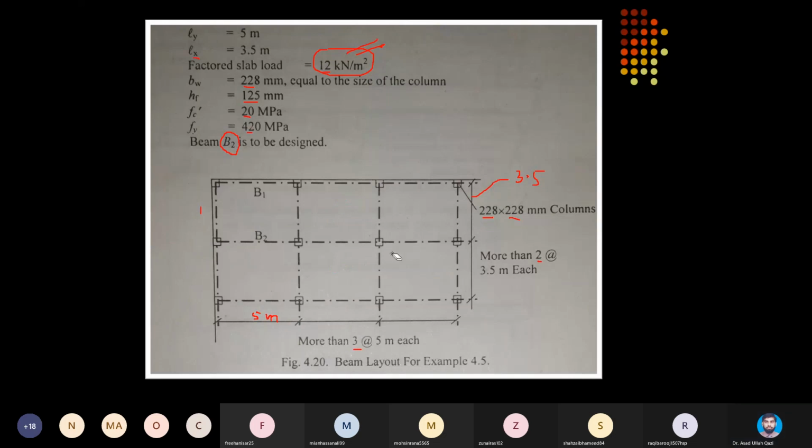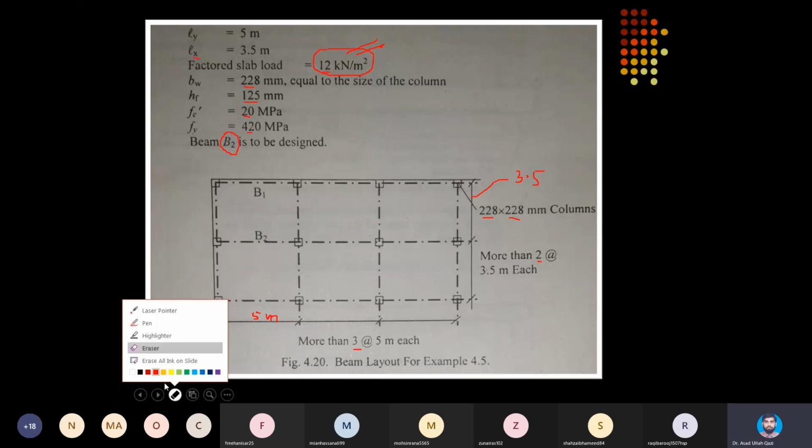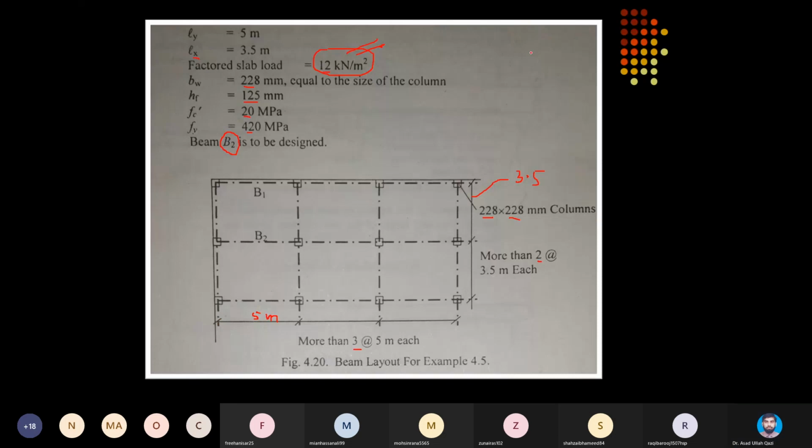Here in this case, if I determine the aspect ratio, longer over shorter span of the panel, I get an answer less than 2. So all the panels are two-way, and panels are resting on the beams. So it is a beam column frame structure.